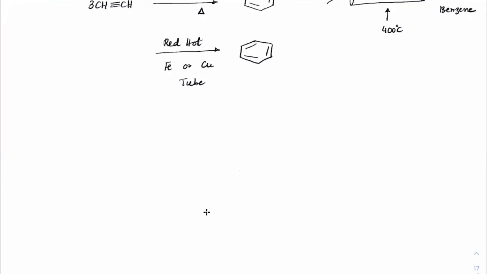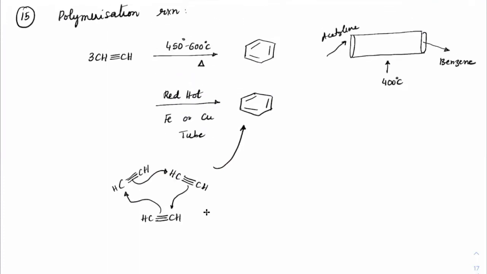If you see the mechanism, it's like this. Basically, there is a contact of all the triple bonds together like this: HC triple bond CH here, then HC triple bond CH, and then HC triple bond CH. This pi is attacking here, this pi is attacking here, this pi is attacking here. Due to that simultaneous attack, benzene is going to form.